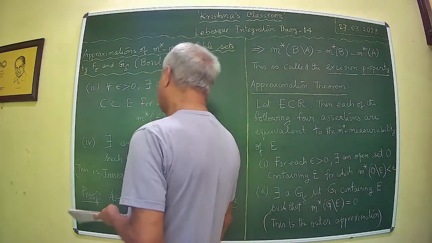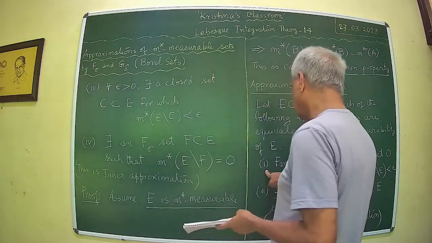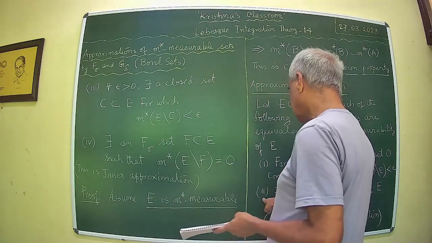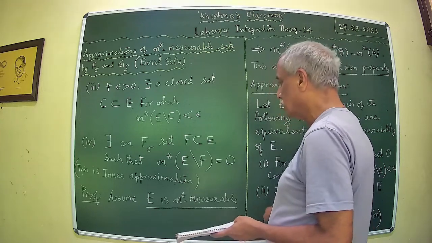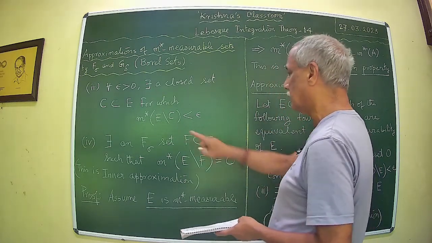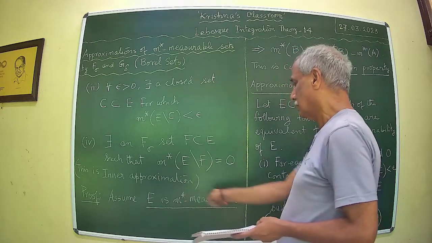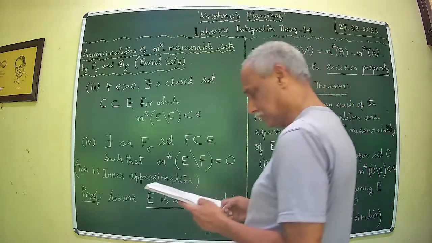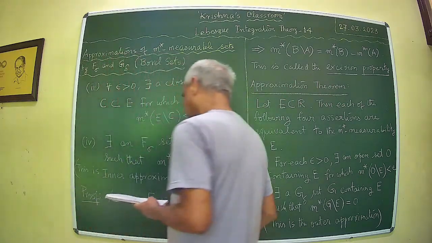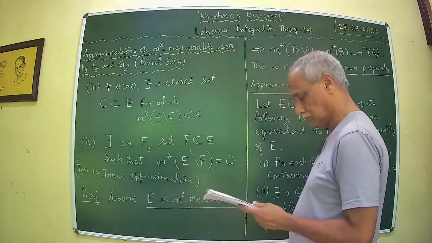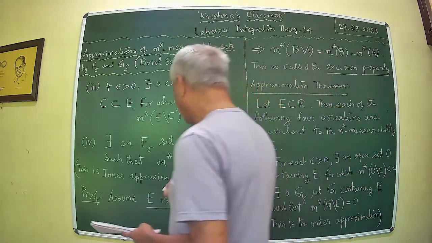Now we show that 1 holds and consequently 2 holds, and then assuming 2, we can show the M star measurability of E, so we will make it cyclic. So, proof of 1.